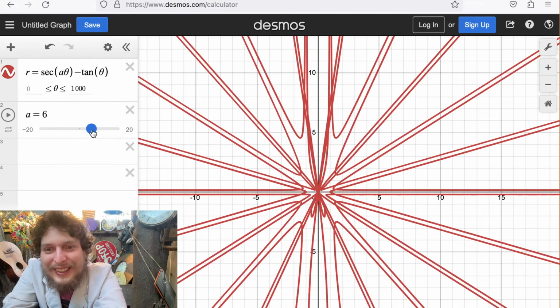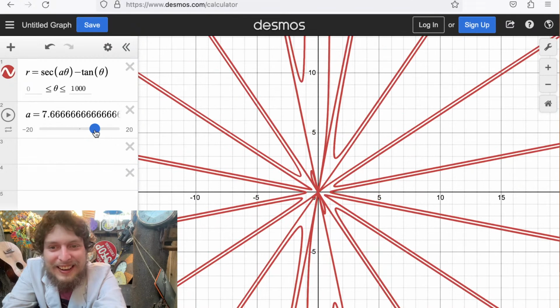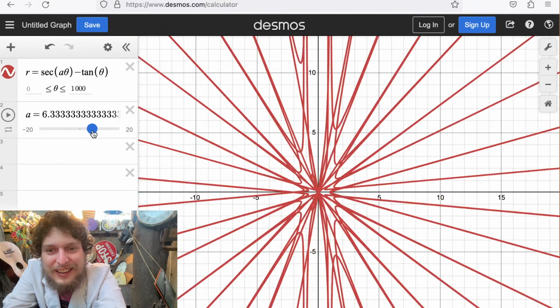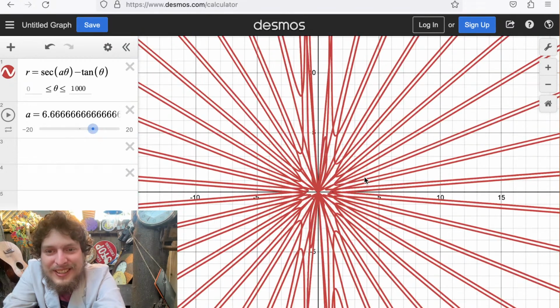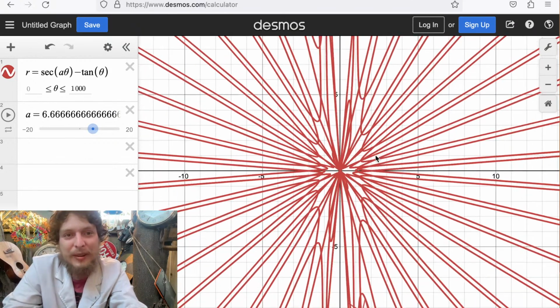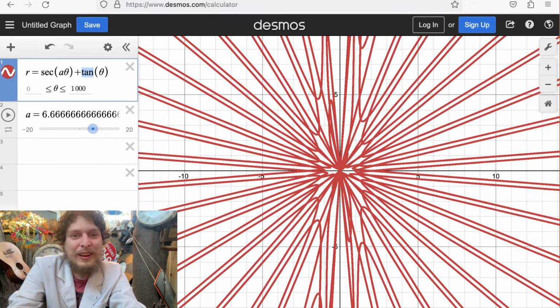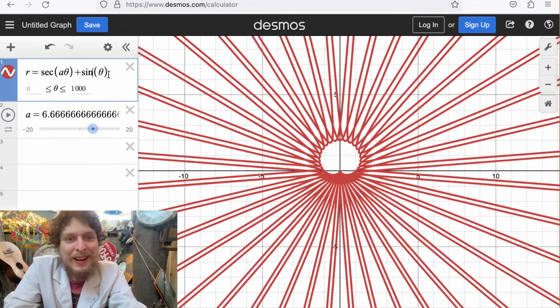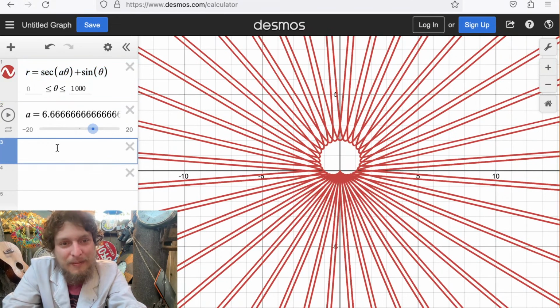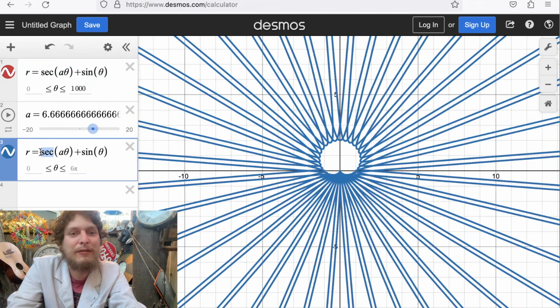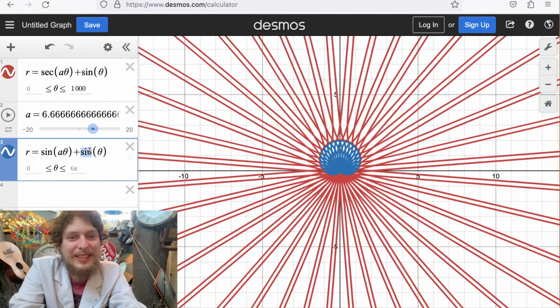Now, what really gets pretty insane looking, although it's harder to analyze what's going on in the graph, but what looks the coolest visually can be when we put a few of these on screen at a time. For example, if I say I'm going to have the secant of A theta plus sine theta be there, and I'm going to have sine of A theta plus the secant of theta.